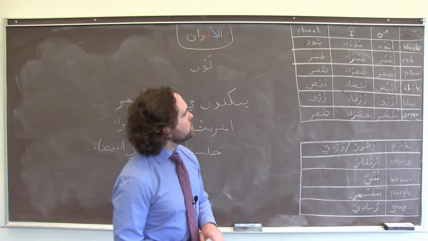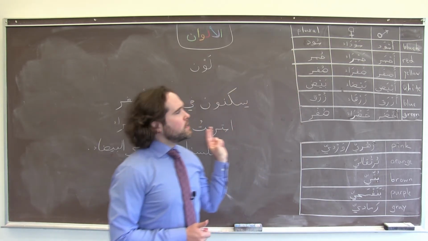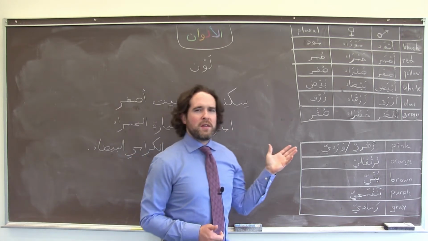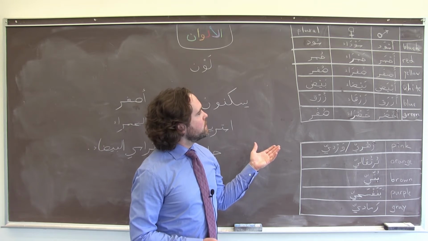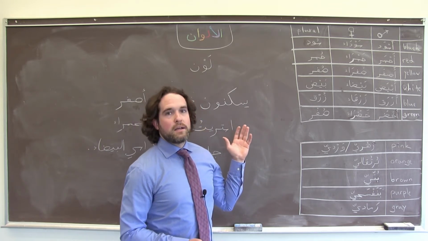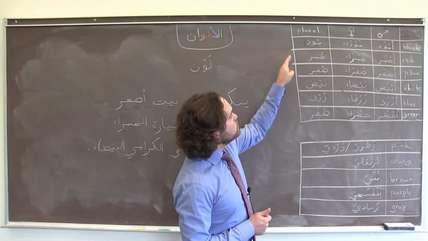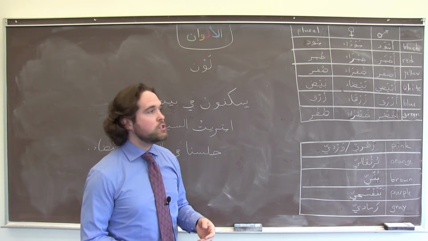One last note. We do have plural patterns for all of these colors, but typically it's rare. There aren't too many contexts where we're going to be describing people as blue, for example, although we could use sud and bayd to talk about white people or black people. That's a common usage.